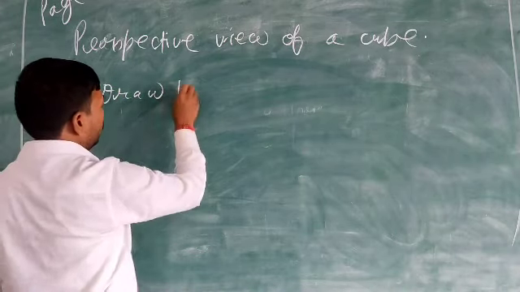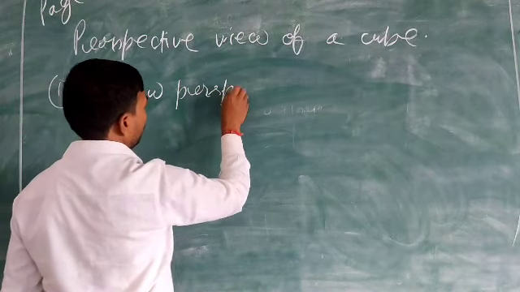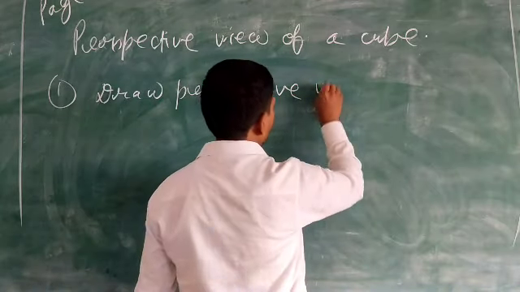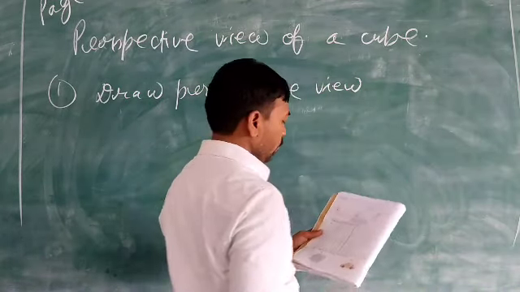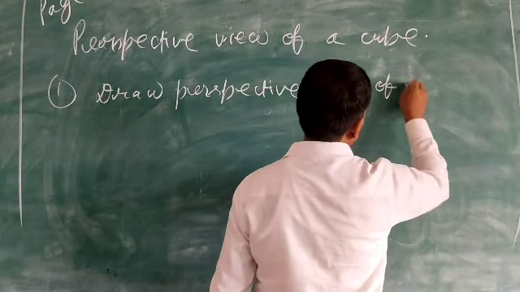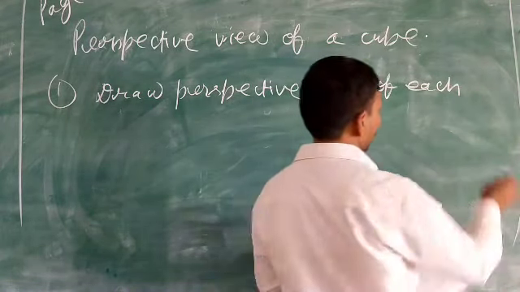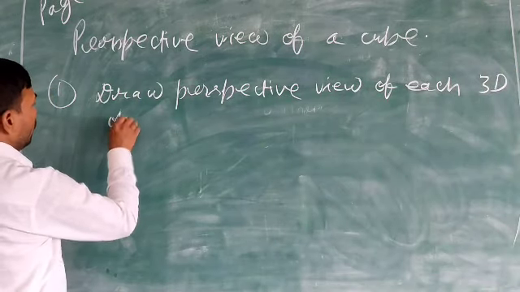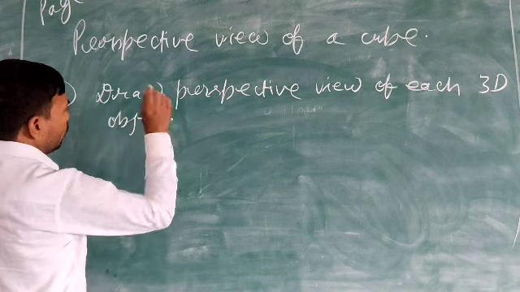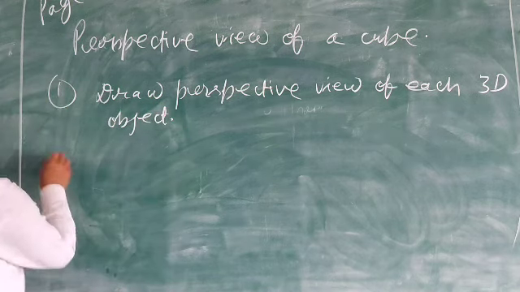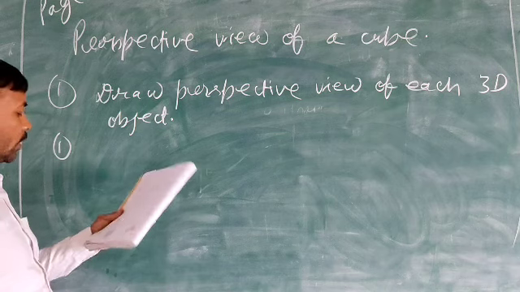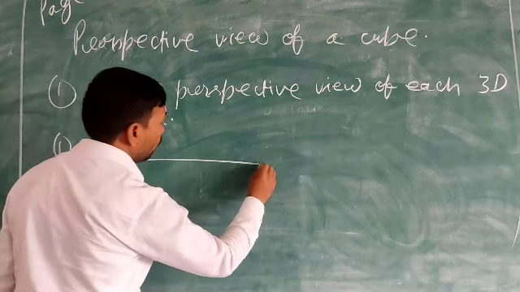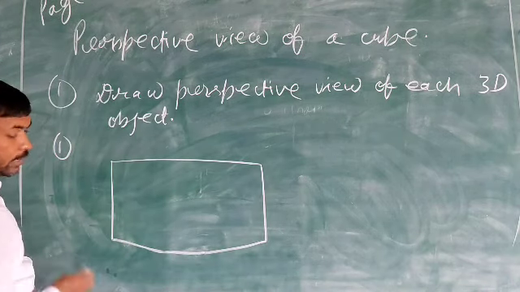Draw perspective view of each 3D object. Here the first object is given, and this box is given, that is the page.